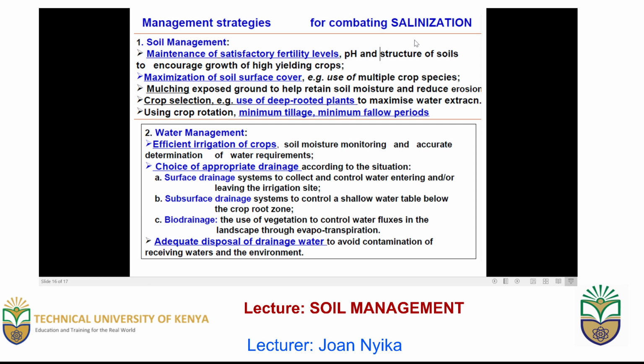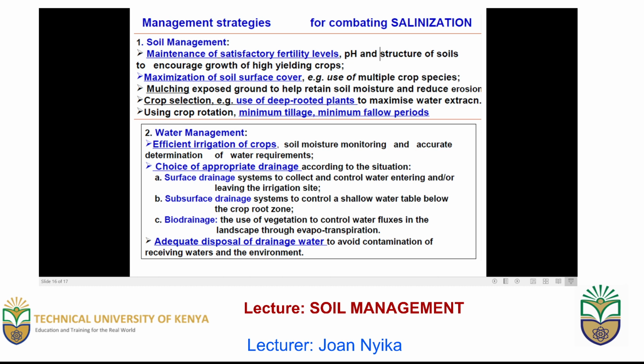However, I want us to look at some of the management strategies of combating salinization, and one of them is soil management. And this you will see, we will keep on repeating them. Number one is soil management. And soil management includes the use of the correct fertilizers, the maximization of soil cover, and the use of deep-rooted crops.